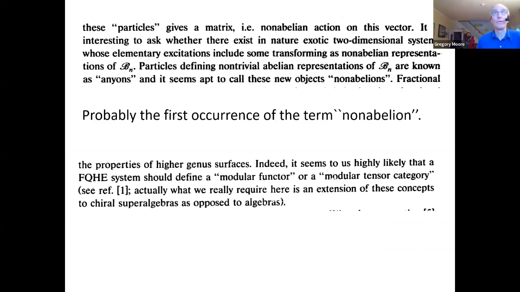And although the idea of particles with non-abelian braiding statistics was already stated, if you look at Gerald Goldin's article, you see that they certainly raised the possibility long ago. We didn't know that. So we thought we were introducing that idea. I think we were introducing the term non-abelian. We also had the idea that because a fractional quantum Hall system at long distances and low energies would be described by a topological field theory, it should be described by a modular functor or a modular tensor category.